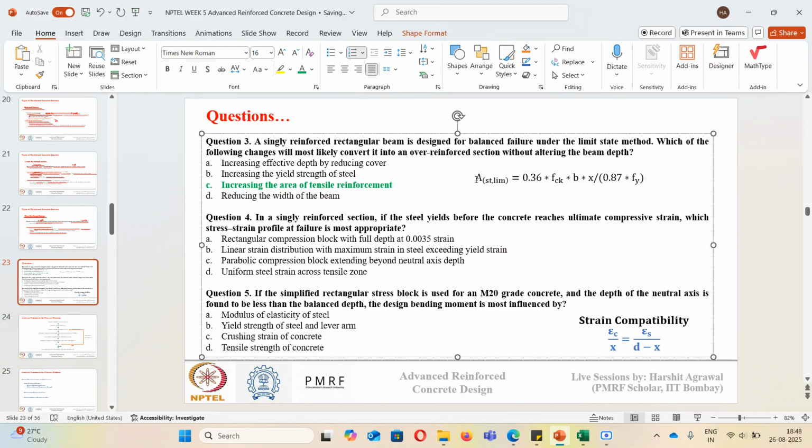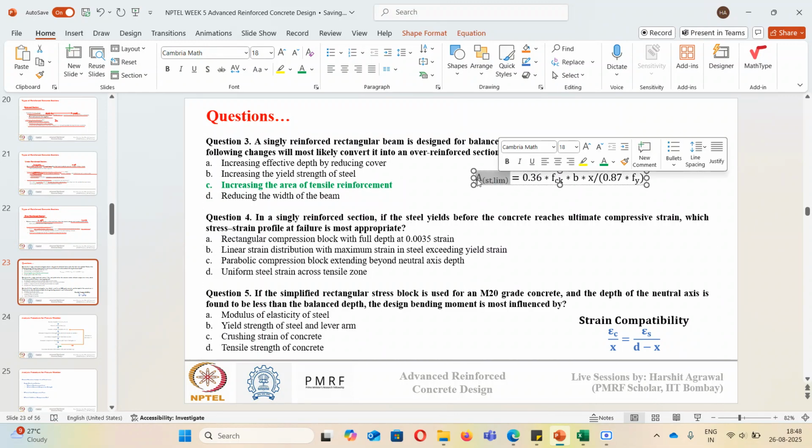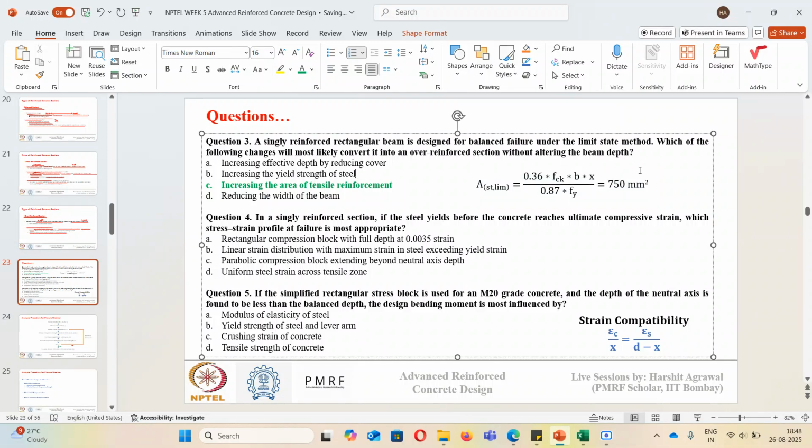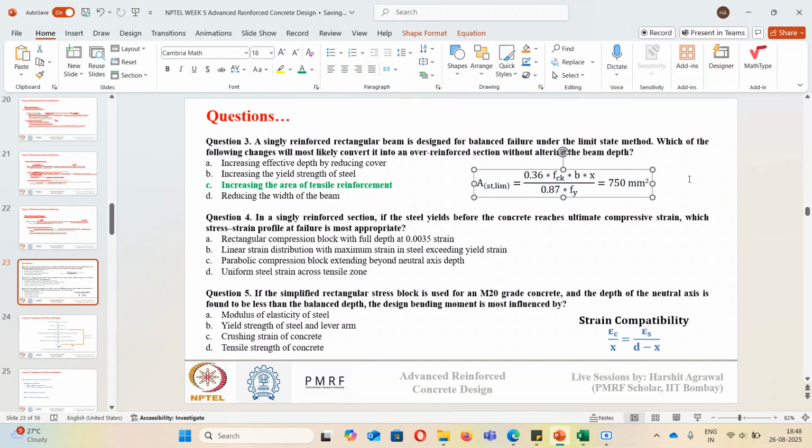This is my balanced area. Suppose this value is 750 mm square. This much area I require for a balanced reinforced concrete design, and I have provided 750 mm square only.